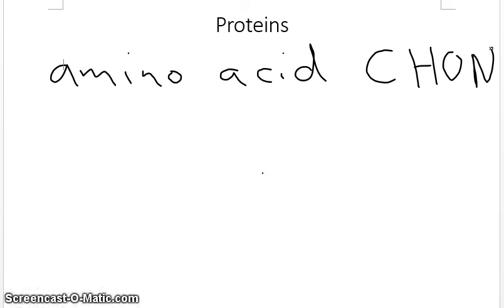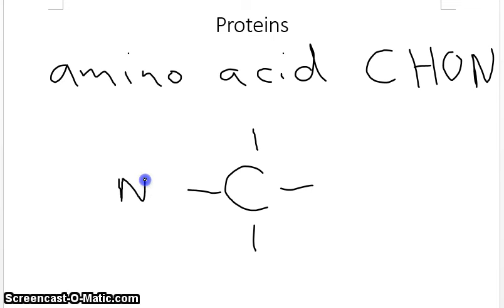Well, you start with a carbon. Carbon, being in group 4, needs to share 4 electrons to get a full outer shell, so it always forms 4 bonds. So I'm going to draw 4 bonds there on my carbon. If you look at the name, it's amino acid. An amino group is an NH2 group, so 1 nitrogen, 2 hydrogens.